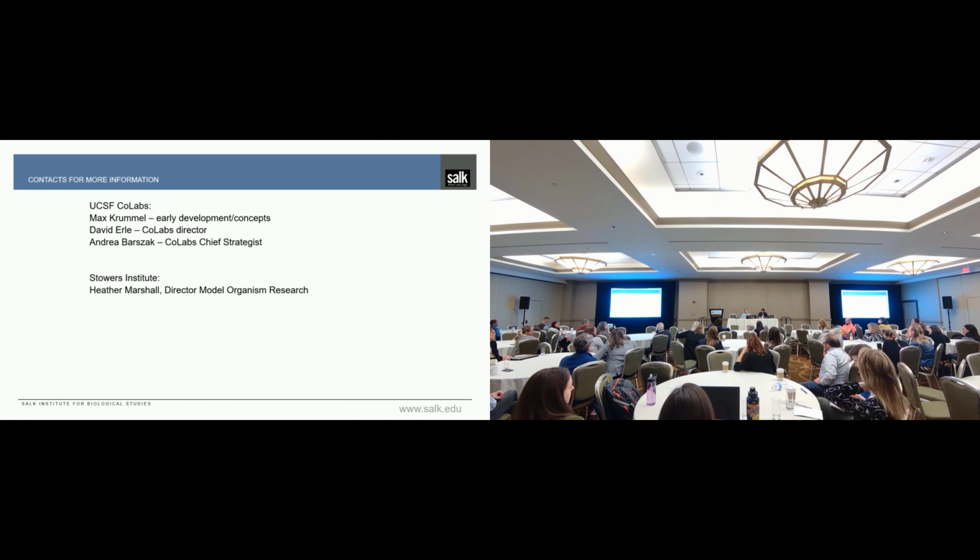Some of that has actually come from the ground up, right? Where cores kind of organize themselves. So if you're not in an institute where you have an administrative structure, I have found that self-organizing is very beneficial. And that actually allows leadership then to see the benefits of having common conversations across multiple disciplines.